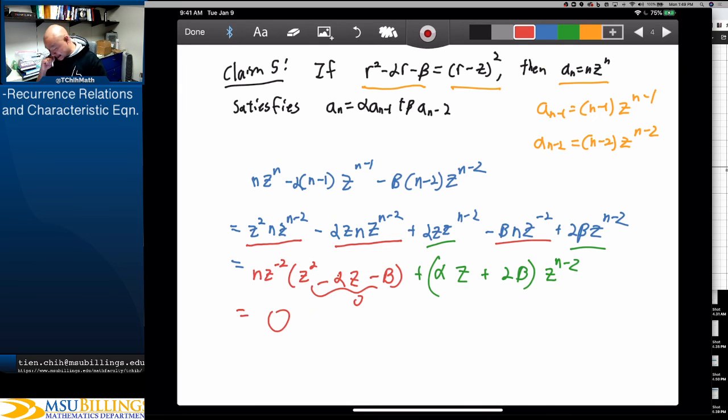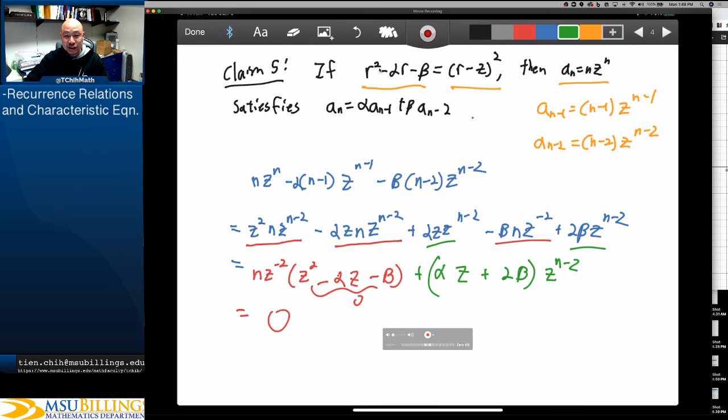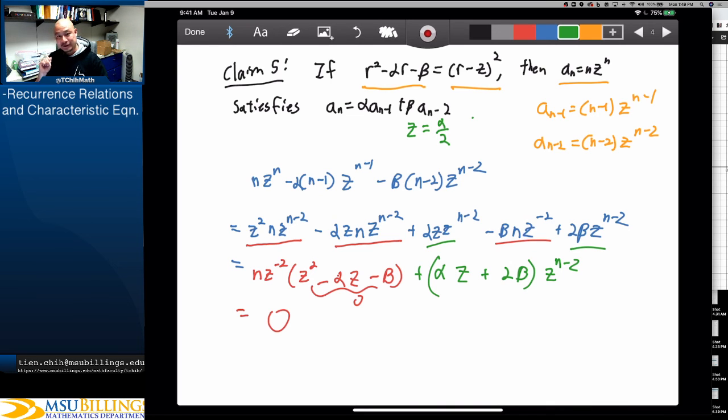The second piece here is a little bit more subtle, but in order for z to be a solution to this equation, in order for this to factor cleanly, z itself has to be alpha over 2 in order for that to be sensible as a solution.